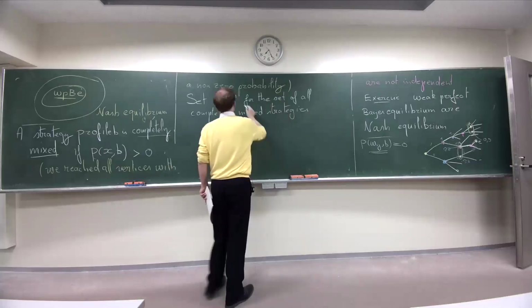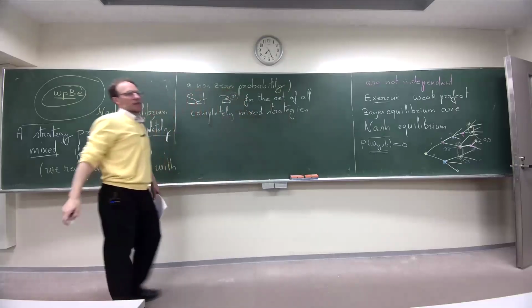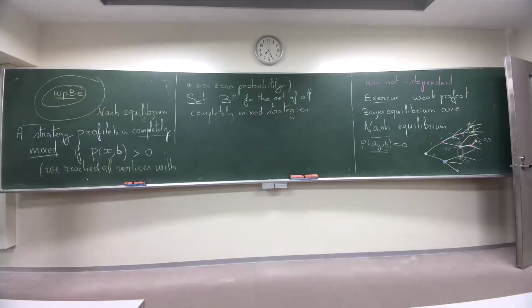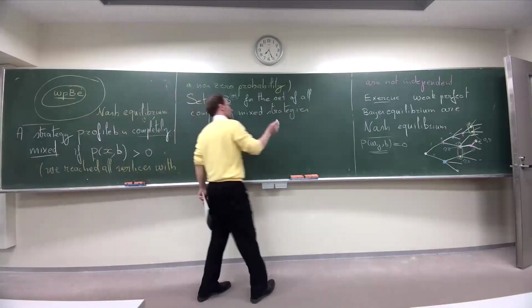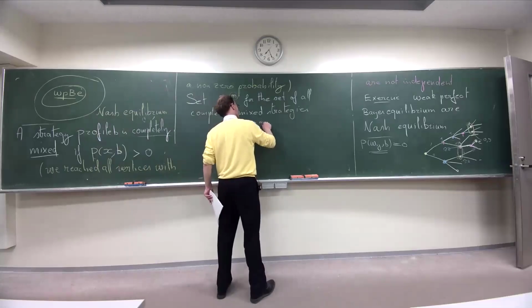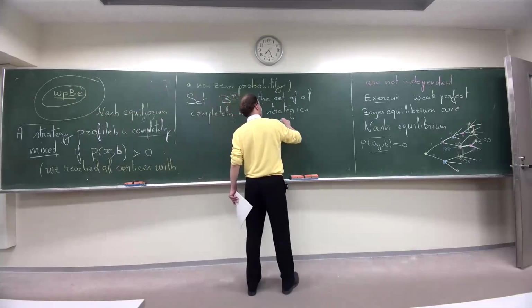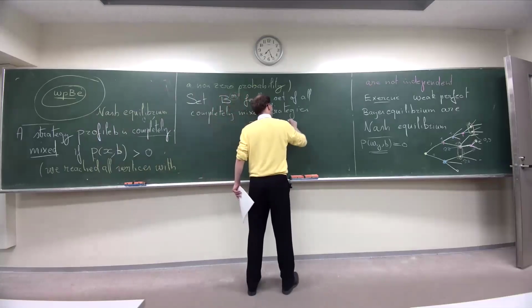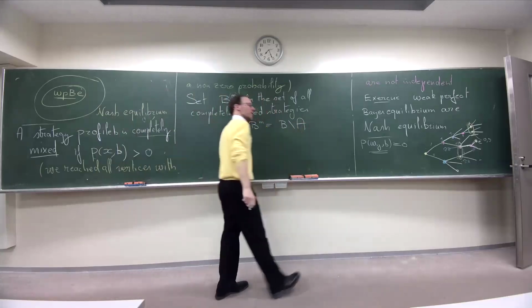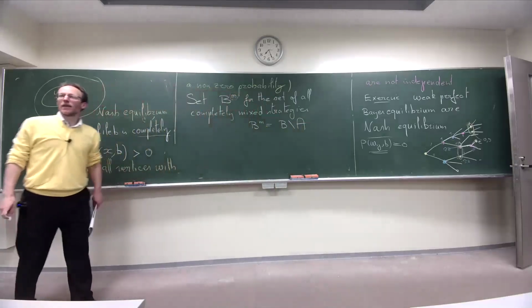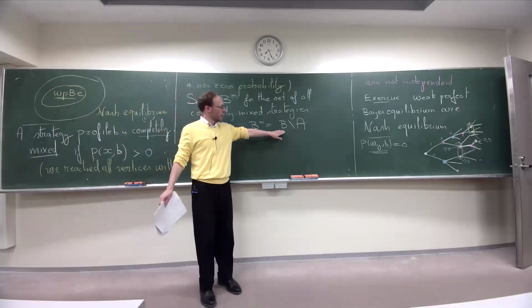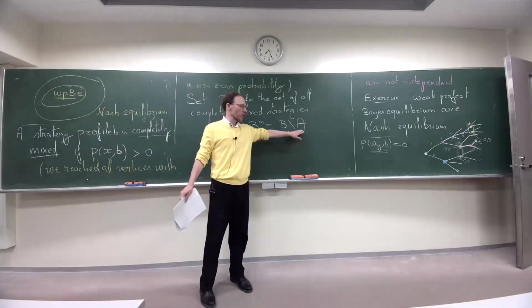I decided to put M for mixed. I saw that some also put 0, but I don't think it's a good idea. Good question. Do we have B_M equal to B minus A? Who can answer this question? B is the set of all behavior strategies. A is the set of pure strategies.